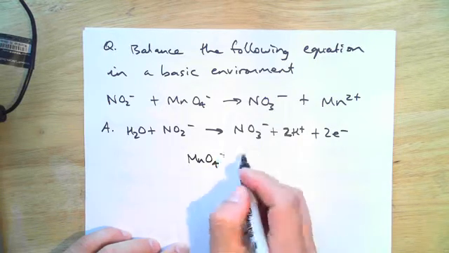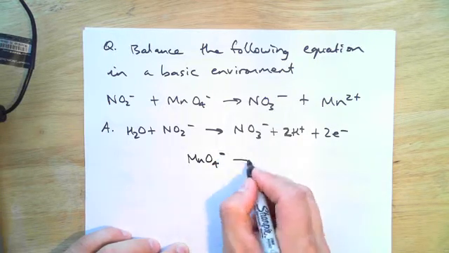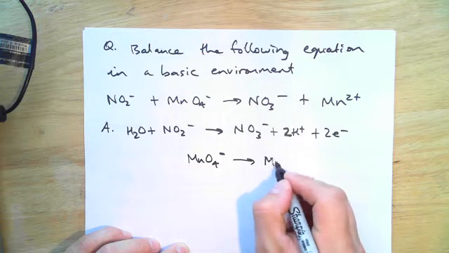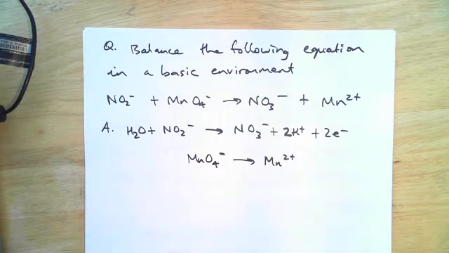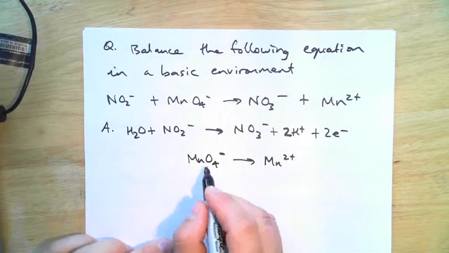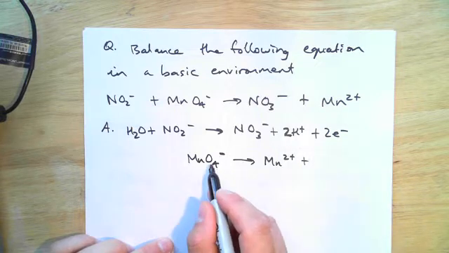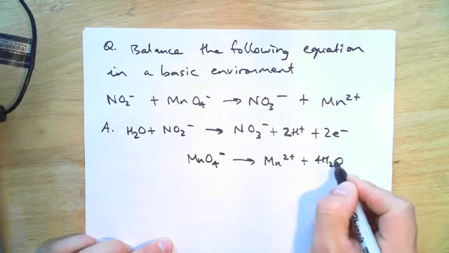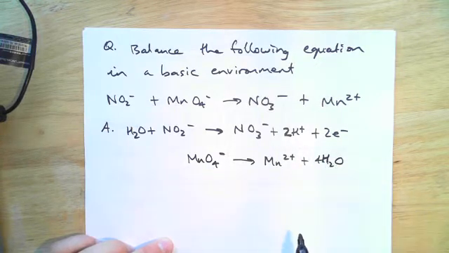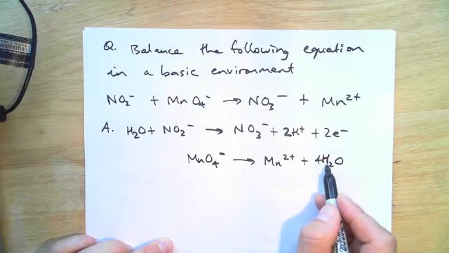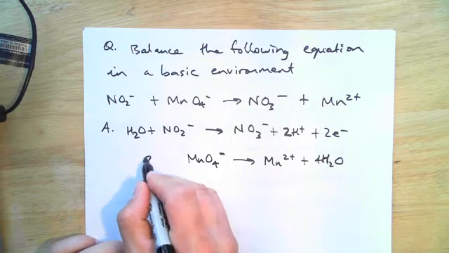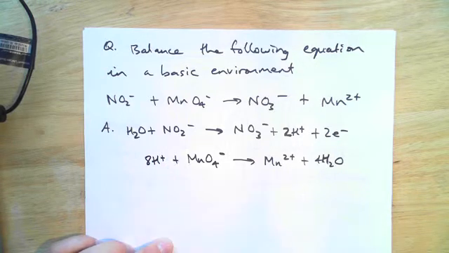So then I balance this other half equation, which will be the permanganate going to the Mn2 plus. Okay, so in this case I've got to add 4 waters to this side to balance out my oxygens. So that gives a total of 8 hydrogens here, and so I'm going to have to add 8 H pluses to that other side, so that there's 8 hydrogens on either side.